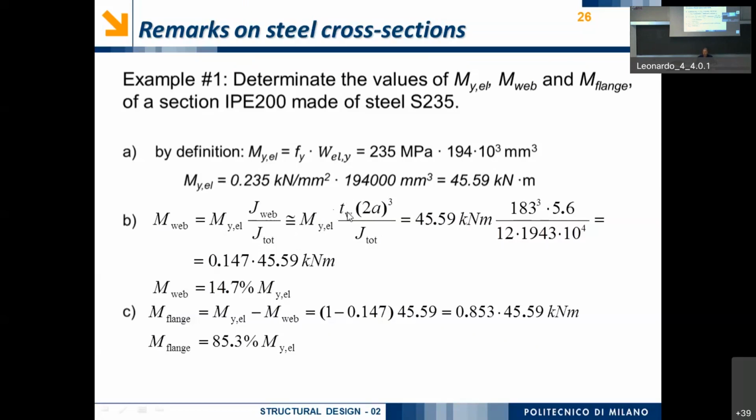The value of I web is the thickness of the web times 2 times the half the height of the web. Of course, I have to put this number cubed, and I will obtain this number.